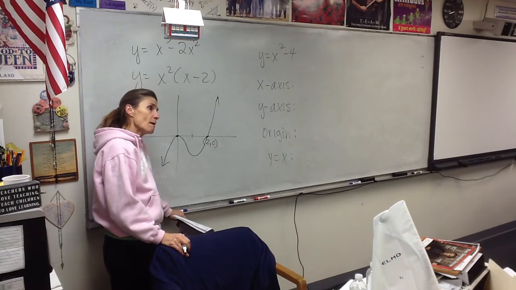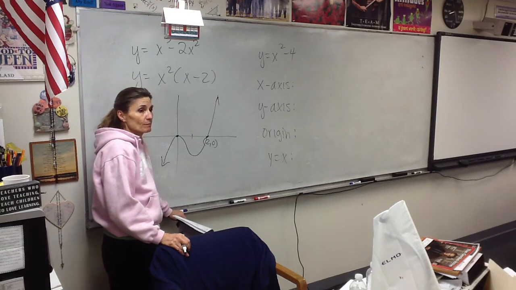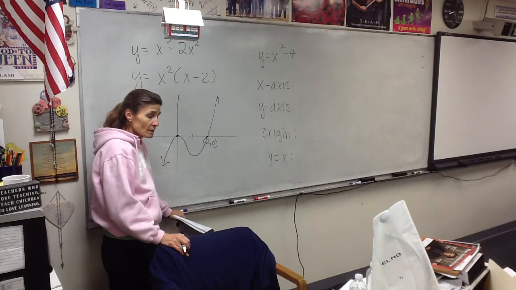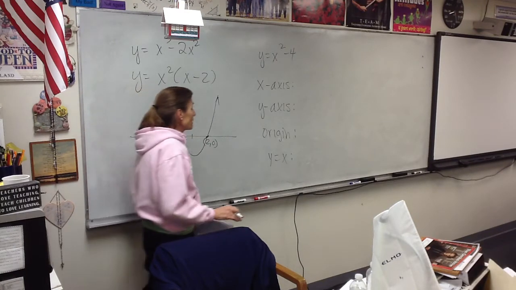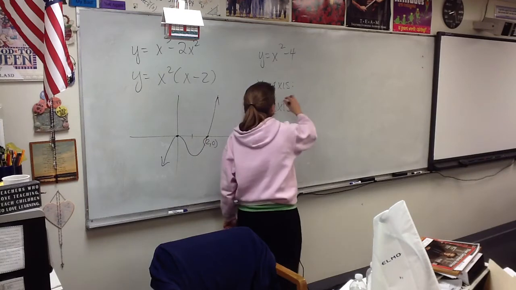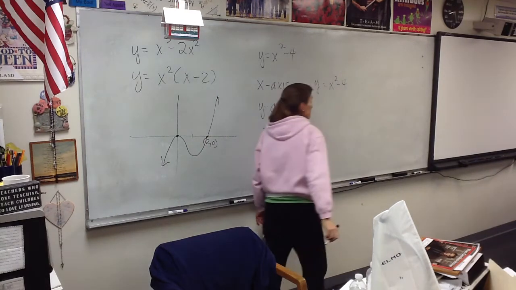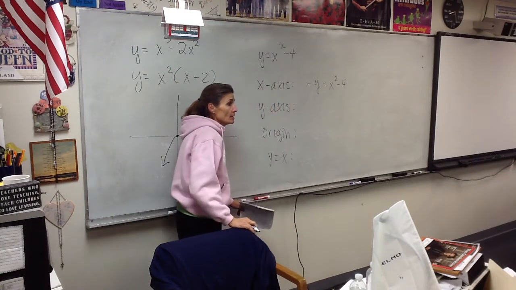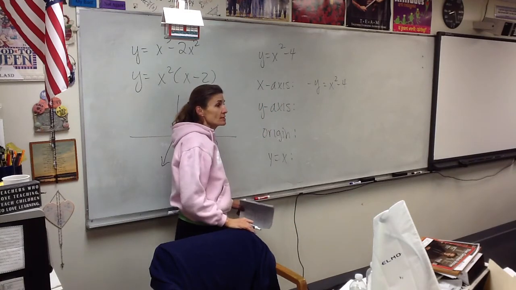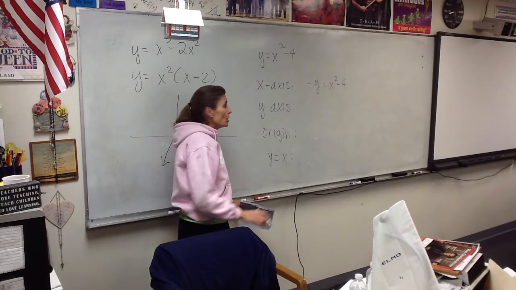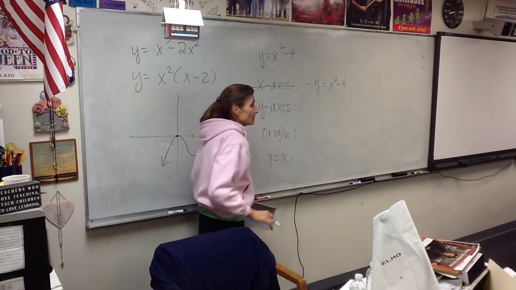So, you need to remember your rules of symmetry, okay? You need to remember that if something is symmetric about the x-axis, you can change the sign on y and end up with the same equation. Is that the same equation as the original one? No, so there's no symmetry.